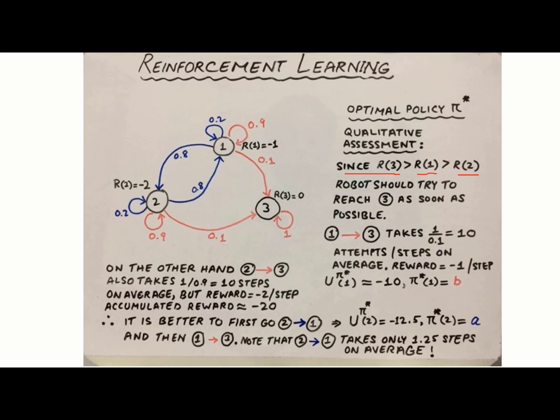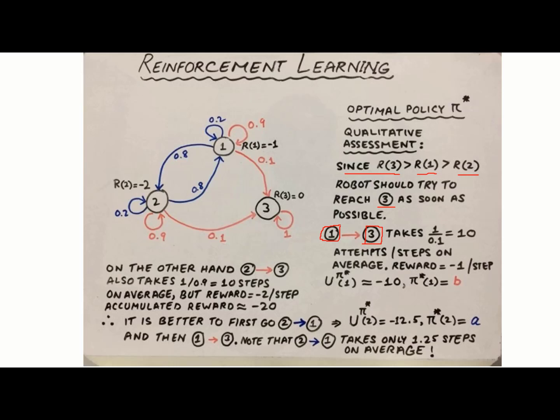So intuitively, the robot should try to reach state 3 as soon as possible, because that is the only state which has a non-negative reward. So if the robot is in state 1, then it should try the shortest route that leads to state number 3.